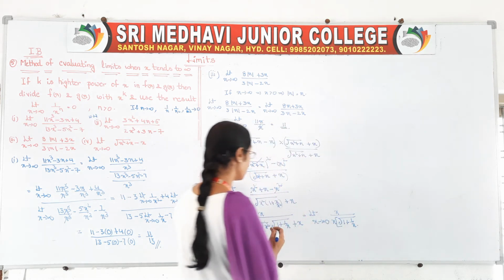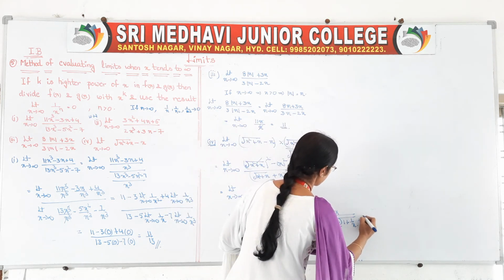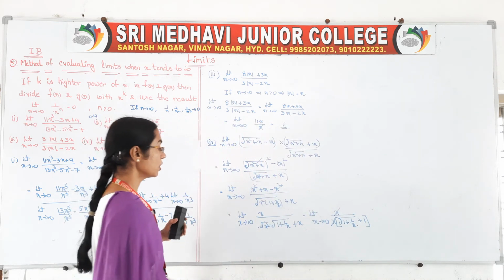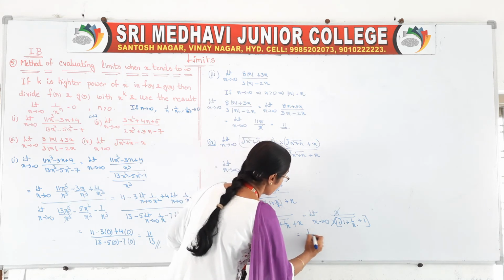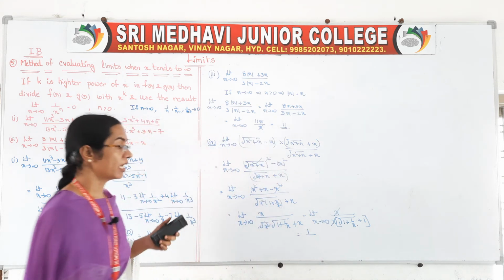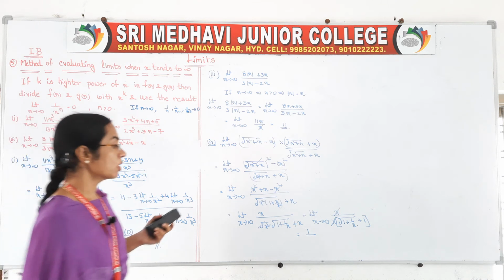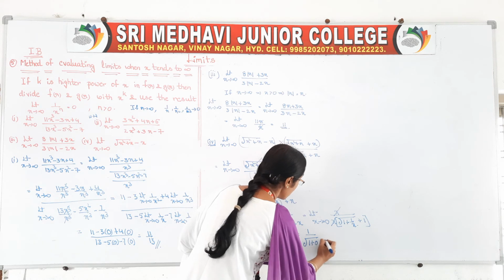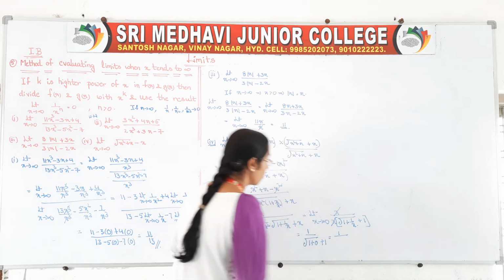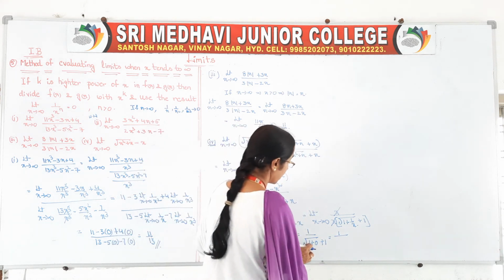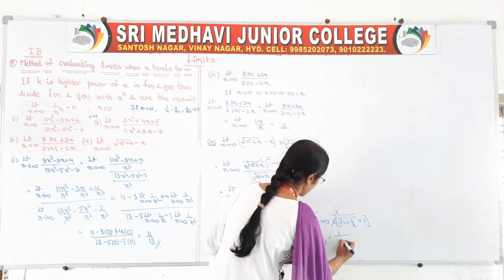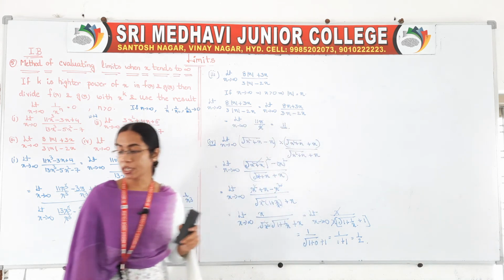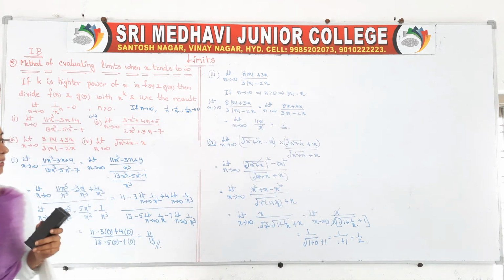You take x common, then it will be plus 1. So x cancels, and you know it very well, if x tends to infinity, 1 by x value tends to 0. So it is root of 1 plus 0 plus 1, we can write root 1 as 1, so 1 by 1 plus 1 is equal to 1 by 2. Okay, so this is your answer.